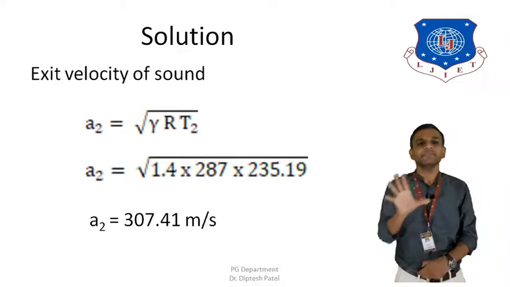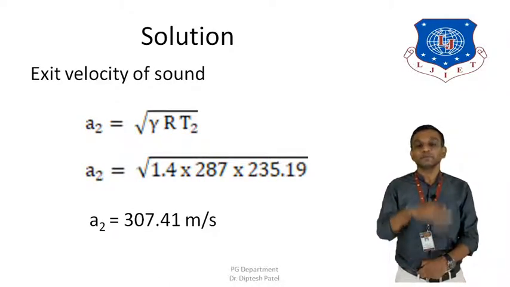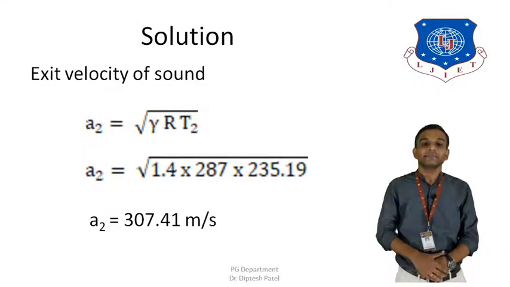We have gamma, R and T2, so I'm going to put those values in, A2 is equal to under root of 1.4 into 287 into 235.19, and therefore A2 would be 307.41 meter per second.